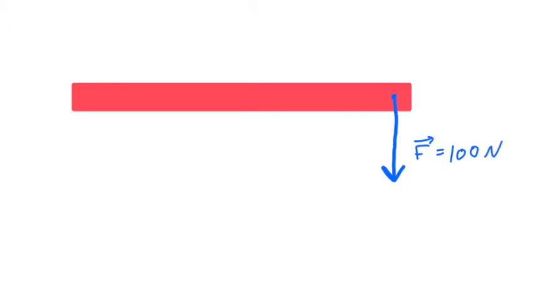All right. Second, we need to know the r vector. Now the r vector depends on the location of the force, but it also depends on what our chosen axis of rotation is. So in the absence of a given axis of rotation, we could choose one. Let's just say that our axis of rotation is going to be through a point right here.